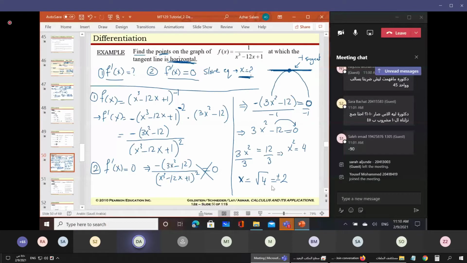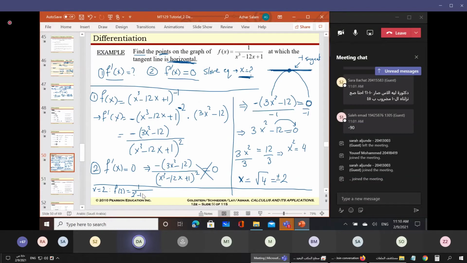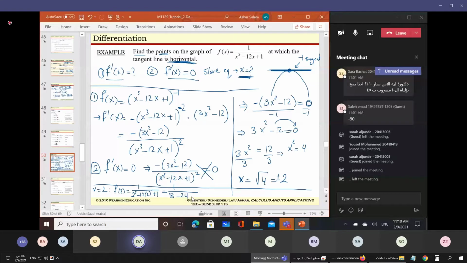So I find the y coordinate from the original function. Okay, now I will complete it here. For x equals 2 first, then x equals minus 2. For x equals 2, f of 2 is 1 over 2 to the power 3 minus 12 multiplied by 2 plus 1, which is 1 over 8 minus 24 plus 1.